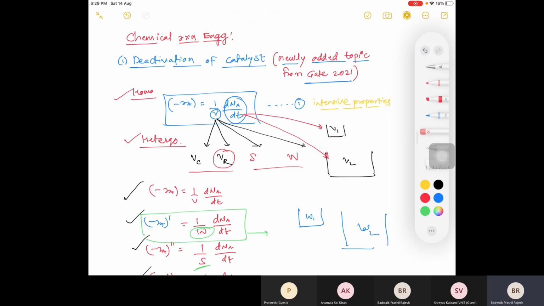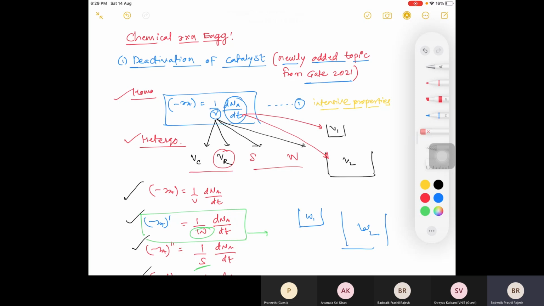Welcome to the session. Today, we are going to finish the topic we started yesterday, that is deactivation of catalyst. What we studied there is that, similar to the rate of reaction, there is a decrease in rate of reaction just by deactivation of catalyst.